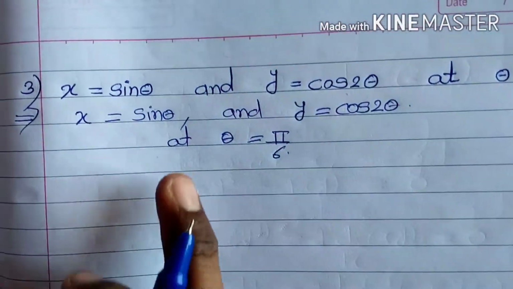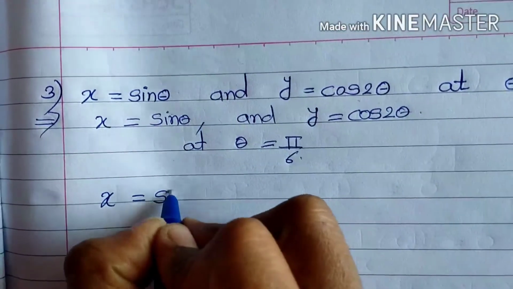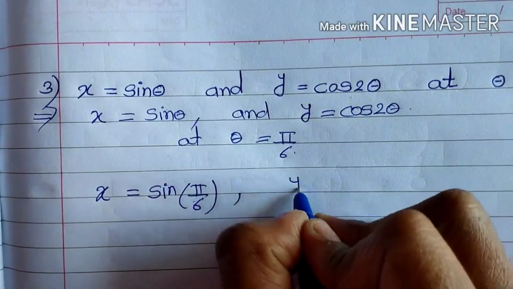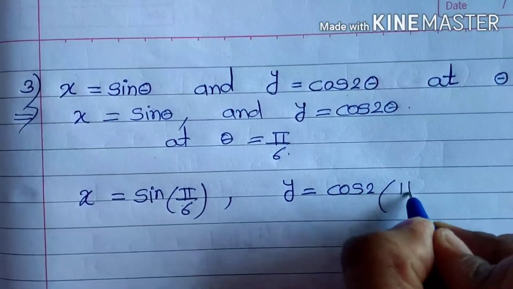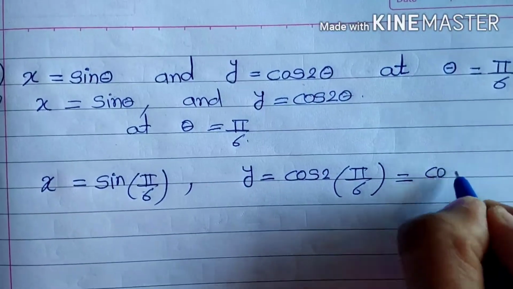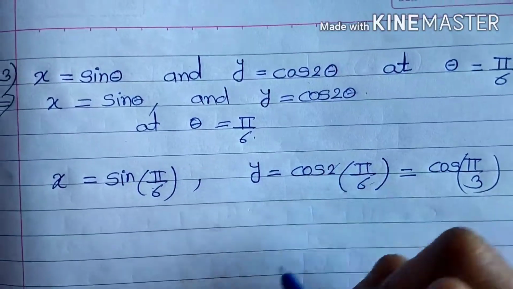Now put the value of this theta. So we get x is equal to sin pi by 6 and here y is equal to cos 2 into pi by 6. So it will become cos pi by 3. The 2 gets cancelled.